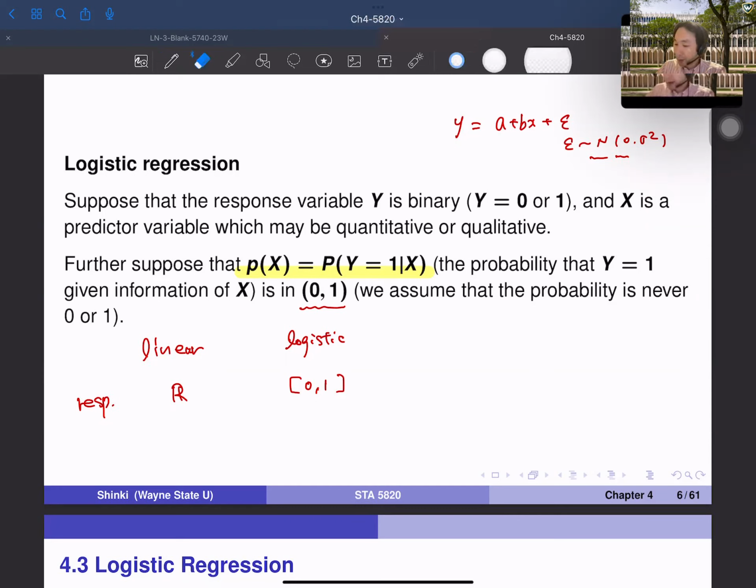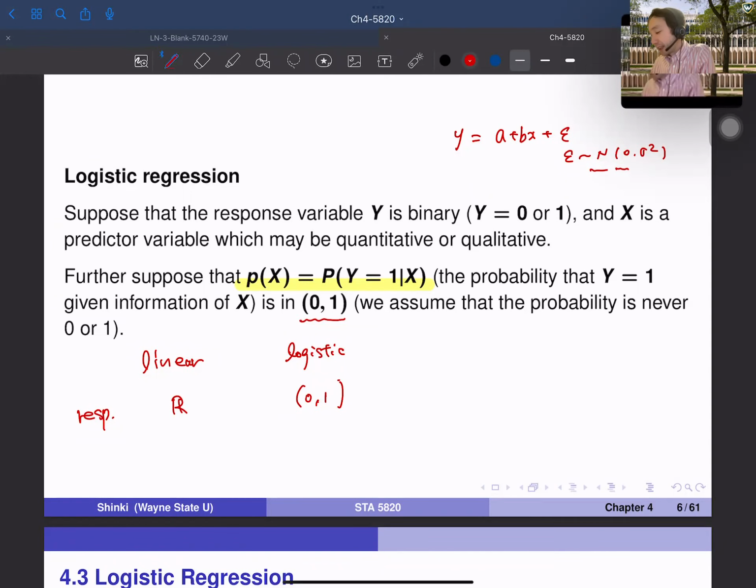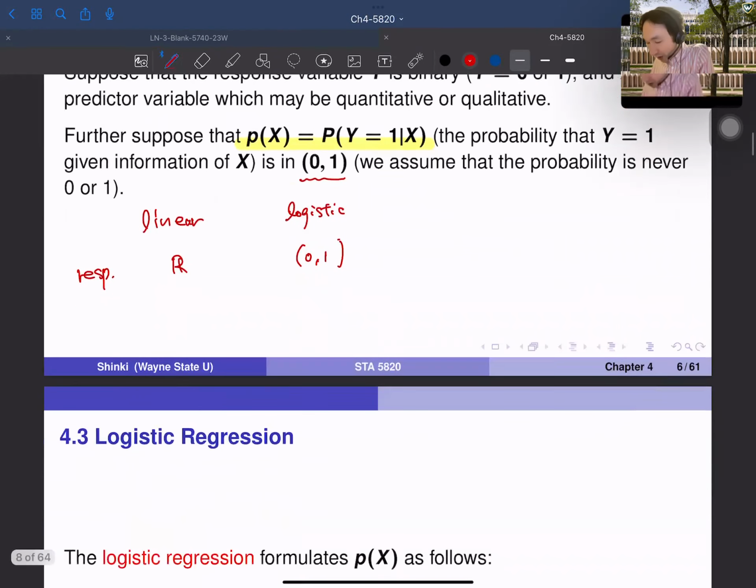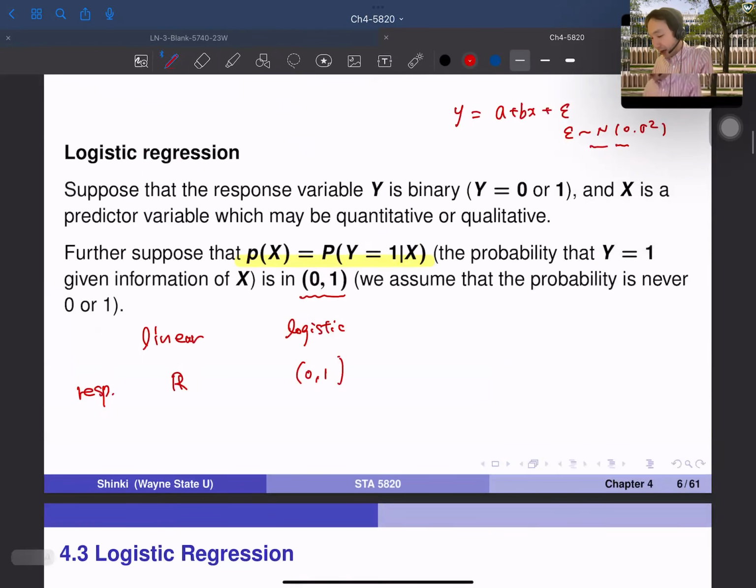And this is consistent with the statistical idea that nothing has probability 0 or 1. In usual linear regression, suppose y is far away from a plus bx, so epsilon is very large in absolute value, but it's still possible with small probability. So this setting is actually most consistent with the linear regression idea.